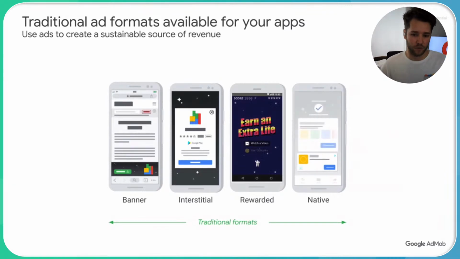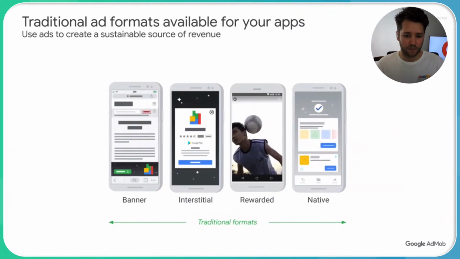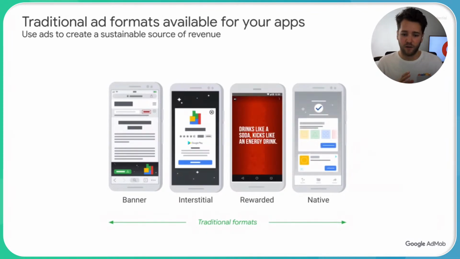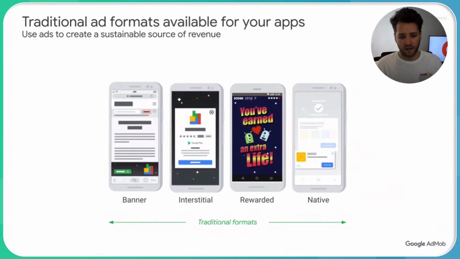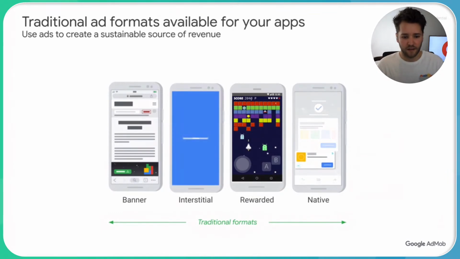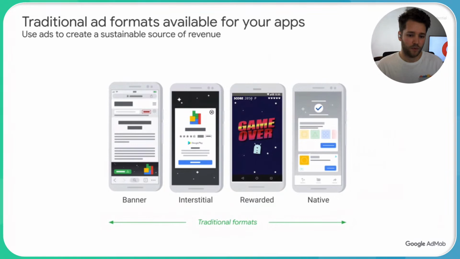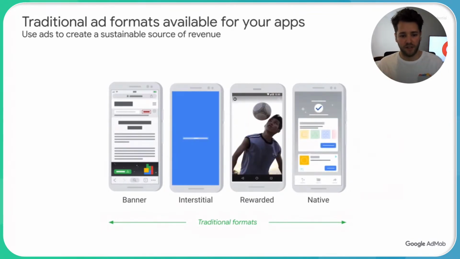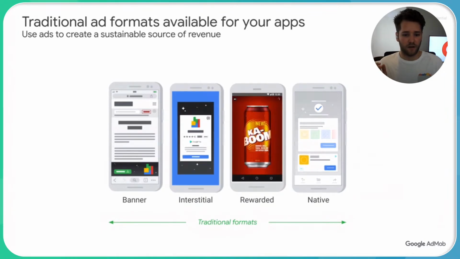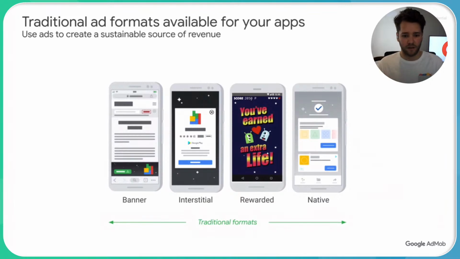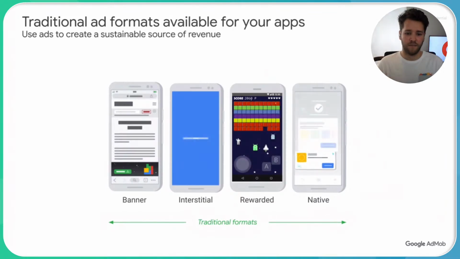Let's jump into the format types. We have two different categories. The first is the traditional formats, which are available everywhere and quite common today. We have the banner, and the interstitial, which is a full-screen ad that usually appears after a level or after a certain time that you define.